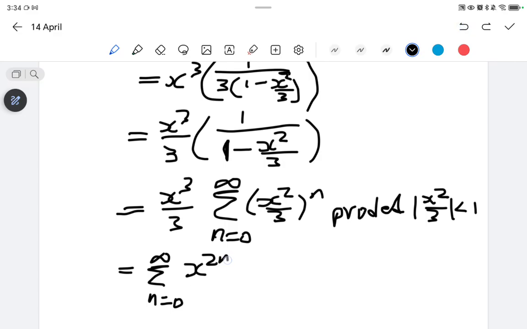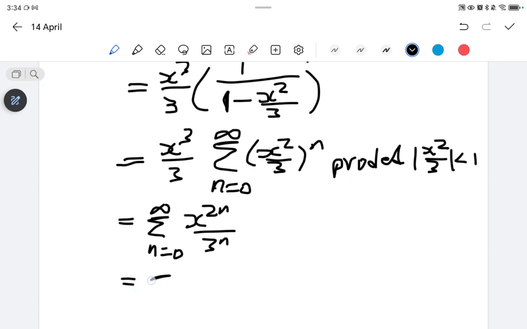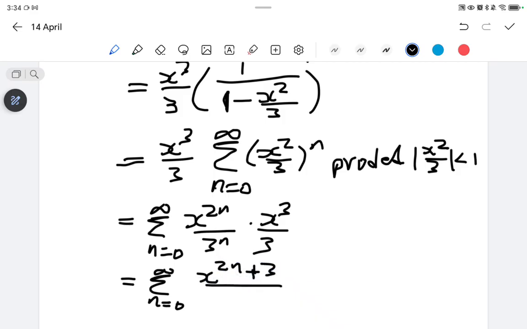First I start by changing that to this, and then this will be equal to this. Then this is our equation.